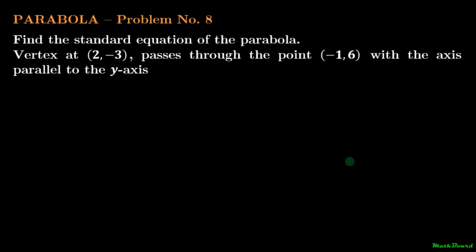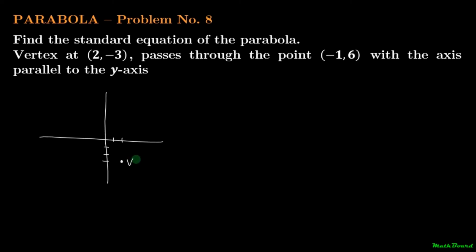Next, the vertex is at 2, negative 3, passes through the point negative 1, 6, and the axis is parallel to the y-axis. So, if we plot the points, the vertex is at 2, negative 3, 1, 2, 1, 2, 3.